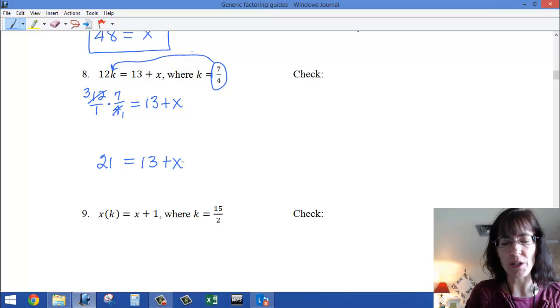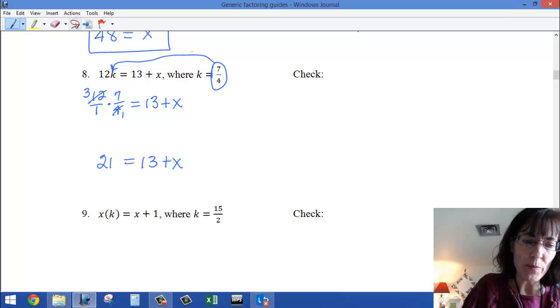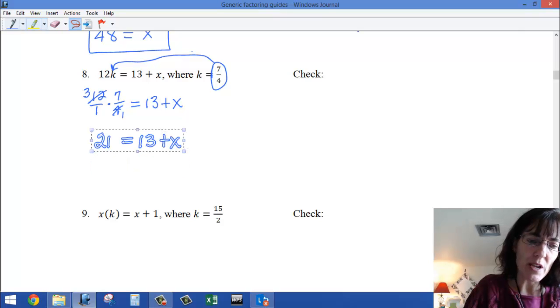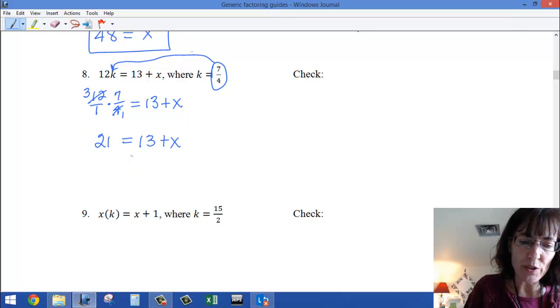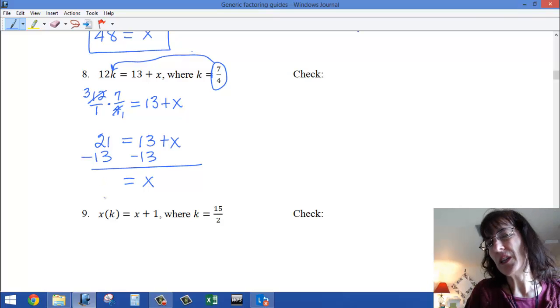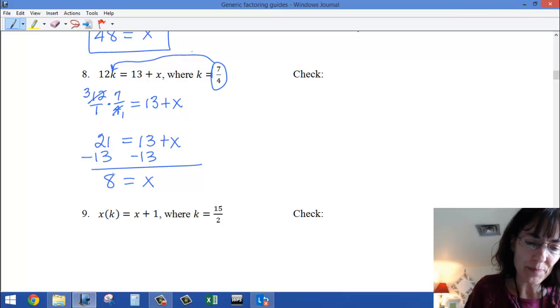So I have 21 equals 13 plus x, either way I go. So we'll slide that up just a hair, and then what we want to do is subtract the 13 from both sides because I want that x by itself. So I have x equals 21 minus 13, so that's 8. And so x equals 8 is my solution.